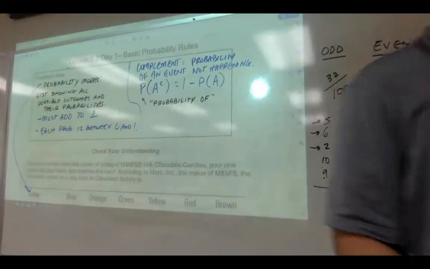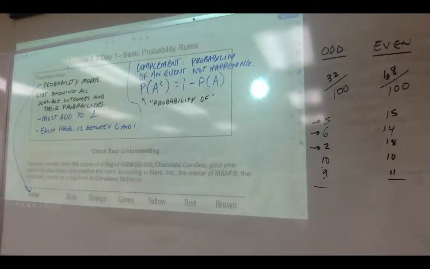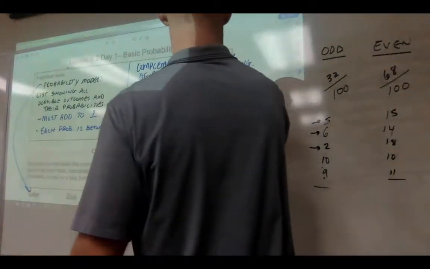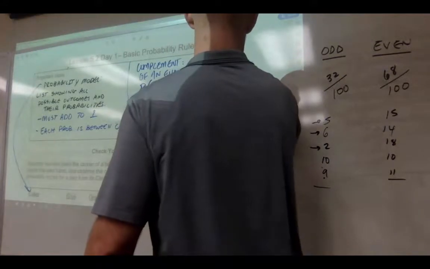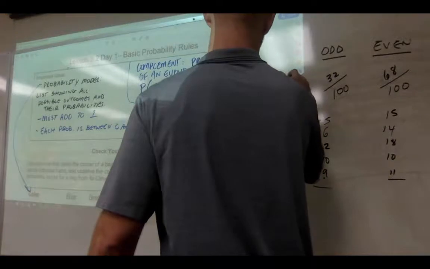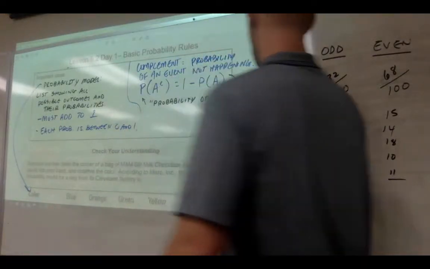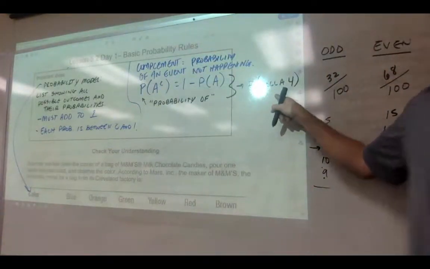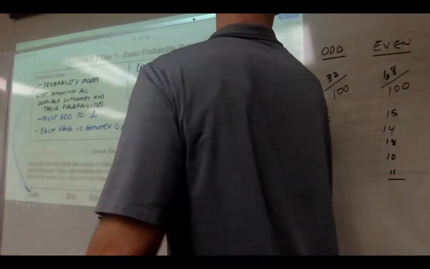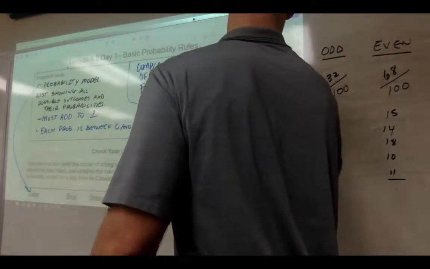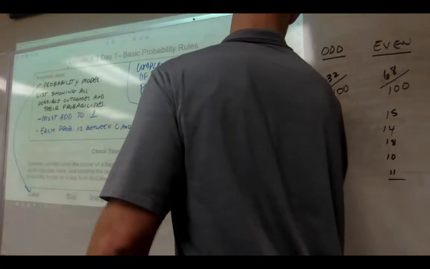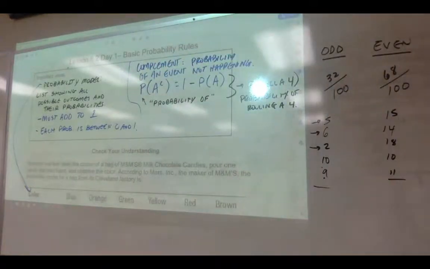So whenever you see a P with parentheses, it's probability of. So P of rolling a 4 means probability of rolling a 4. Does that make sense? That's just notation.